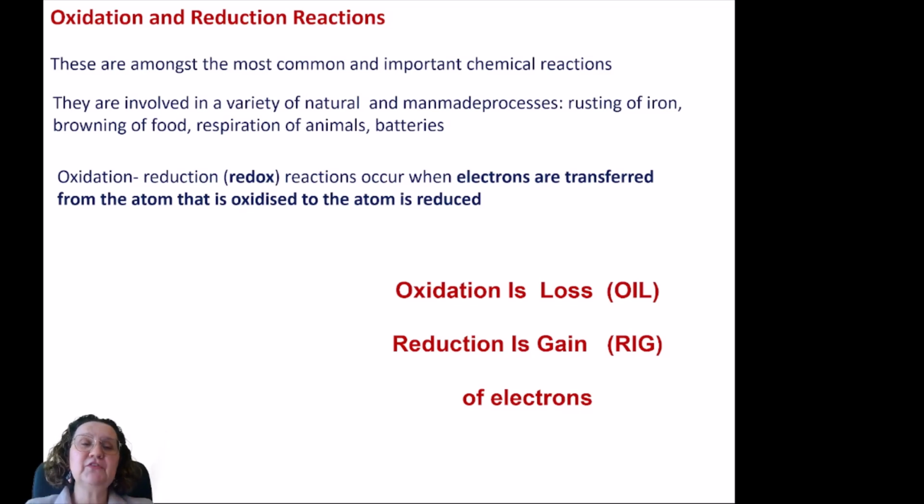What happens in a redox reaction is that electrons are transferred from one of the compounds to the other. The compound that oxidizes is the one that is going to lose the electrons, so an oxidation reaction is a loss of electrons. And the compound that reduces is the one that is going to gain the electrons.